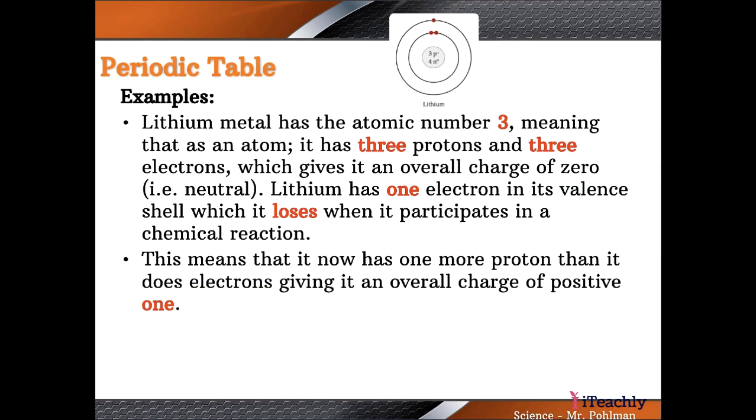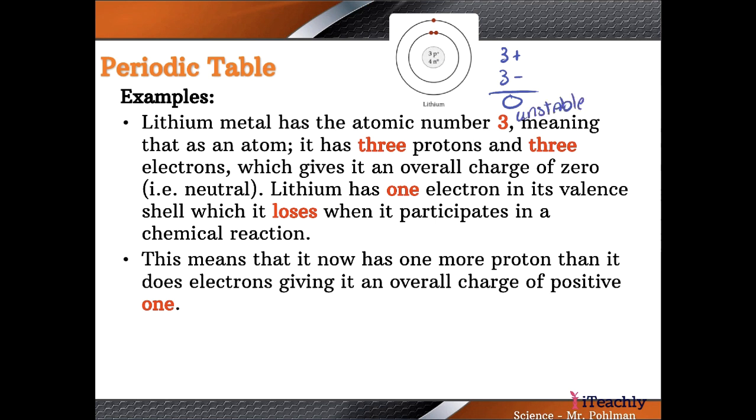All right. Now, let's just go over this one last time. If you have lithium, lithium's atomic number is 3. That means it has 3 protons with it. That means that it has 3 electrons with it. That is electrically neutral off the periodic table. That guy right here is unstable.